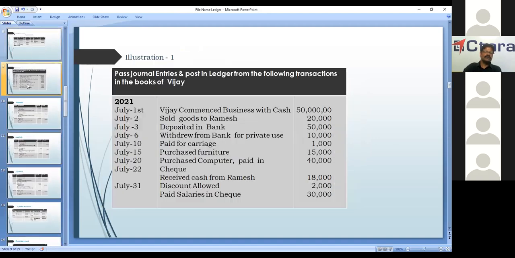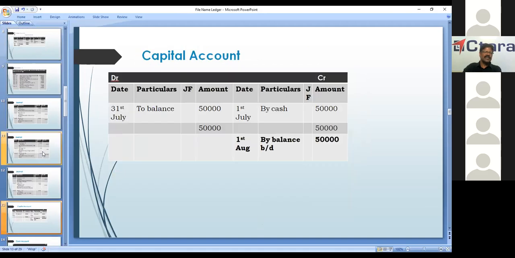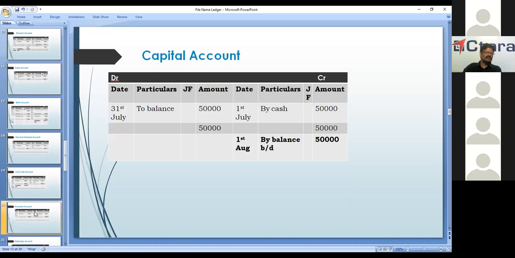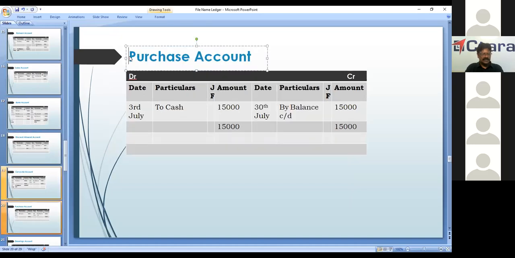Purchase furniture. Okay, we should write furniture. Furniture is coming inside furniture account. Furniture account debit.